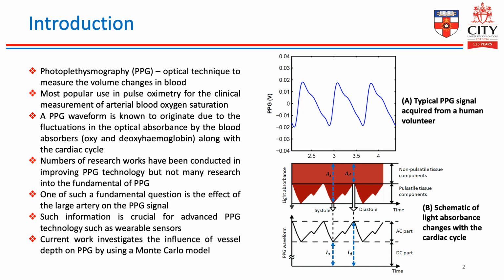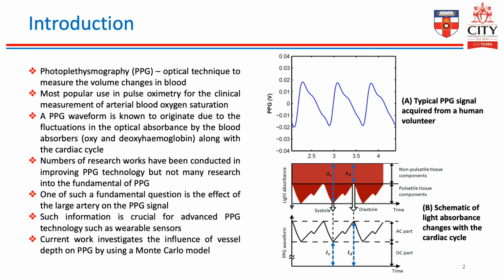But there has not been any study dedicated to understanding how the large vessel or its depth from the top surface of the tissue volume affects the PPG signal or the working principle of a PPG sensor.